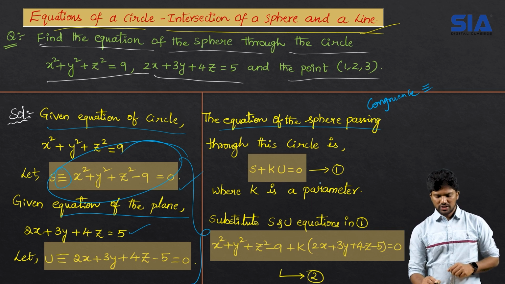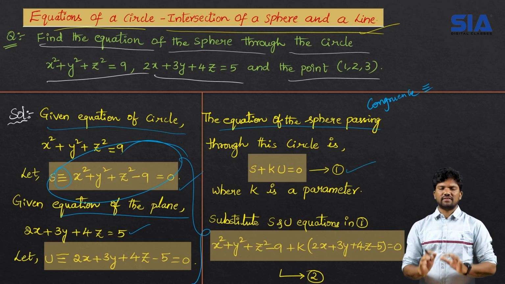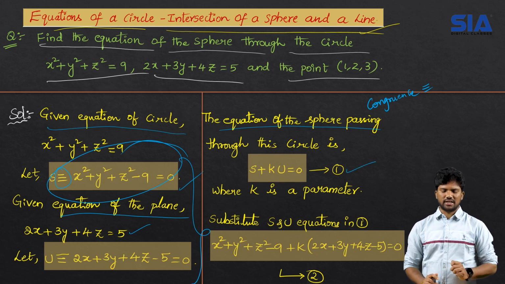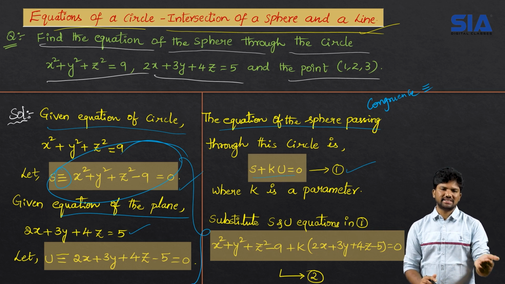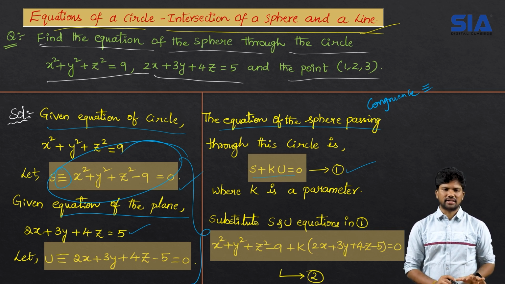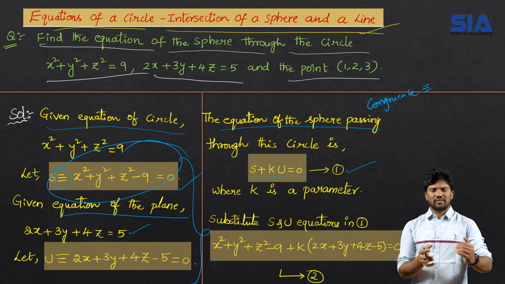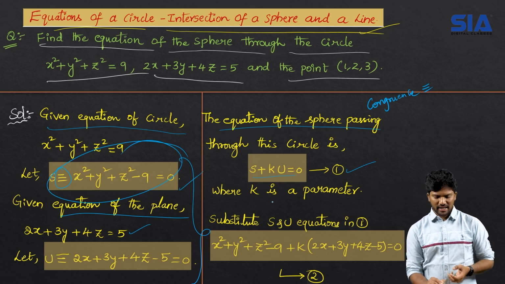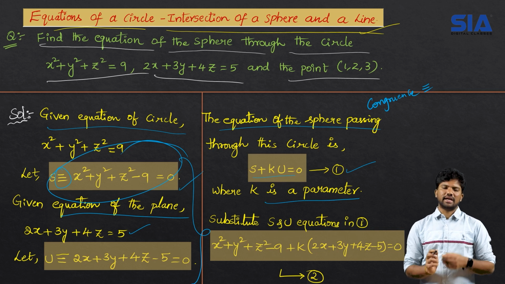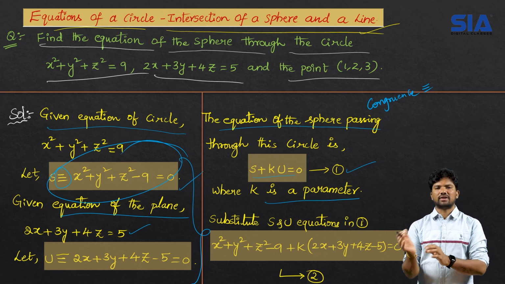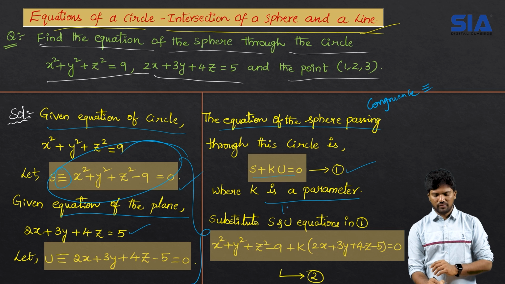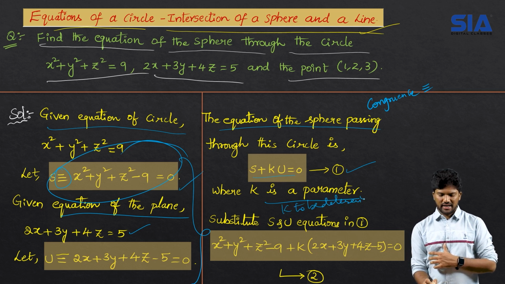Okay, so the equation of the sphere through the given circle is S plus KU is equal to 0. Where what is S? You know very well, the given circle. And what is U? The given plane. And what is K? K is a parameter, that means we'll get one constant. That k value we have to determine.